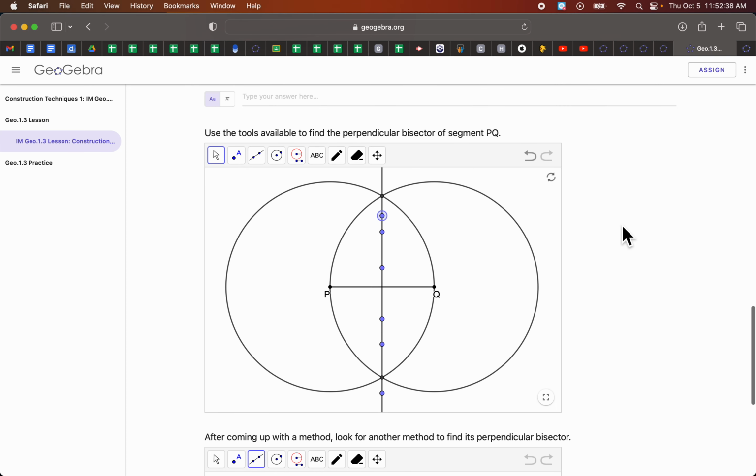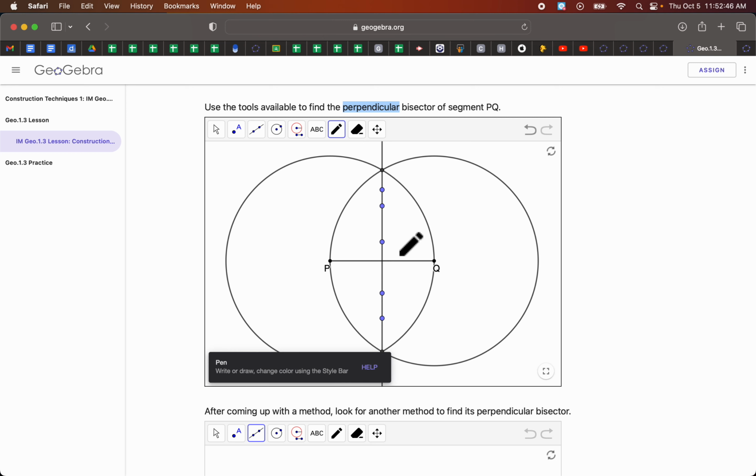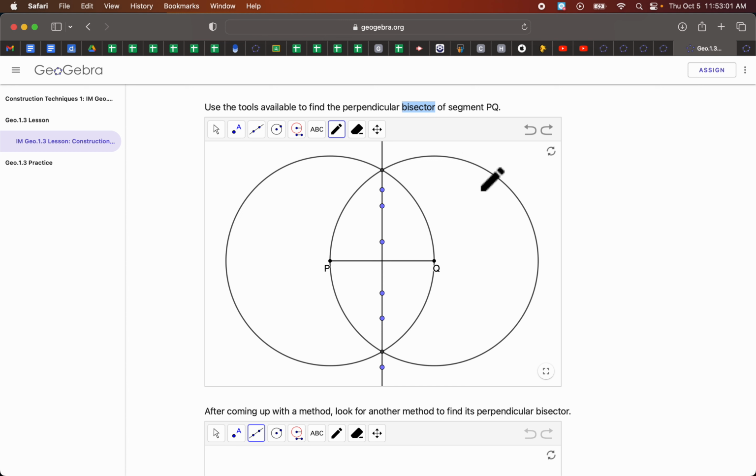Okay. So we also talked about what perpendicular means. Perpendicular means that it meets at a right angle. So if we look at this angle right here, that is a right angle. So if it's perpendicular, it means that it's meeting at a right angle. Bisector. We talked about what bisect means.